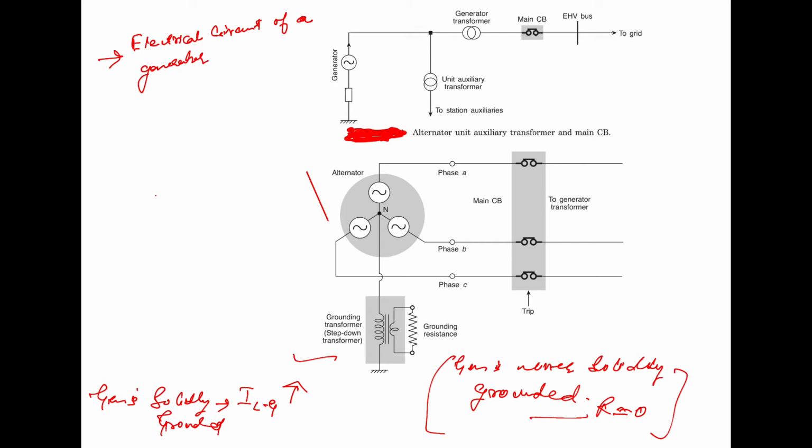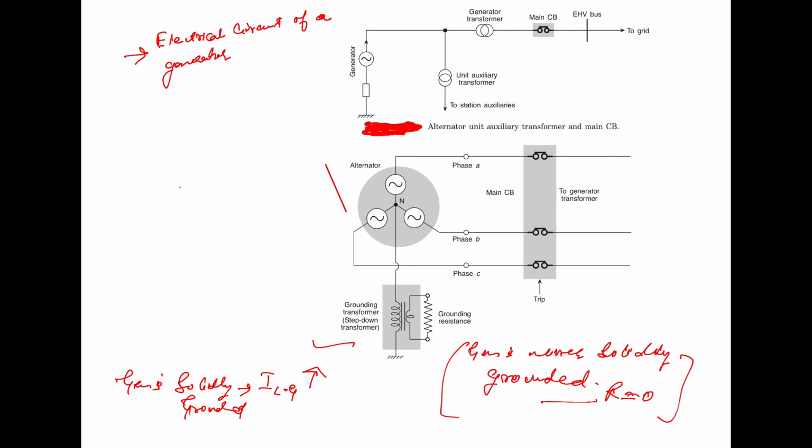So what happens when the current increases? Apart from the high value of the current due to this single line to ground fault, the asymmetry in the rotating magnetic field inside the generator would increase because of the increase in the fault current.